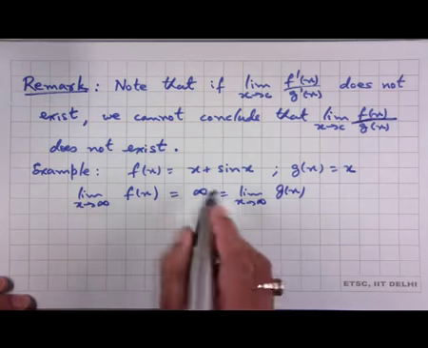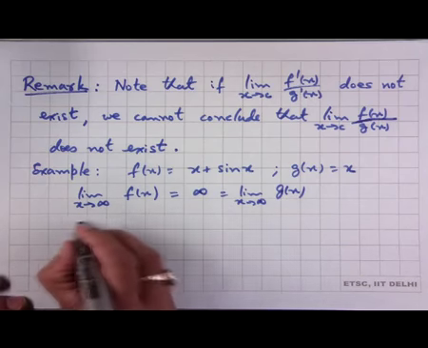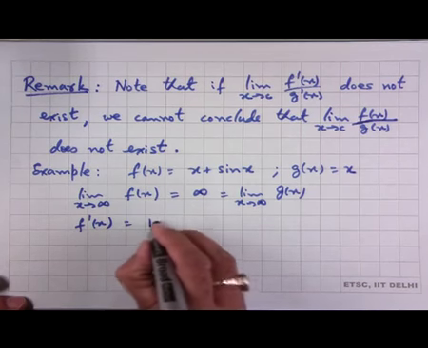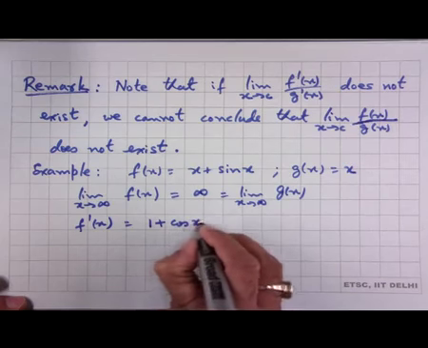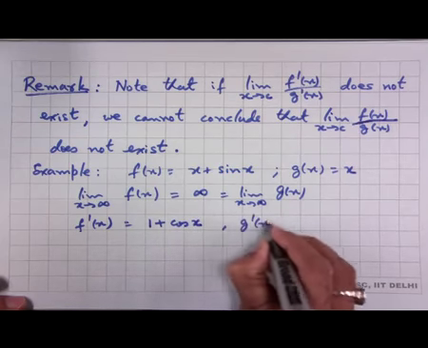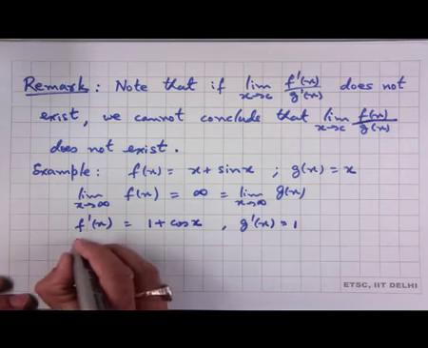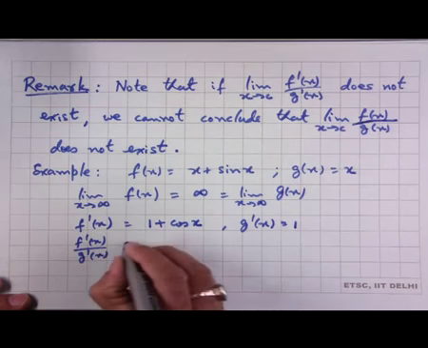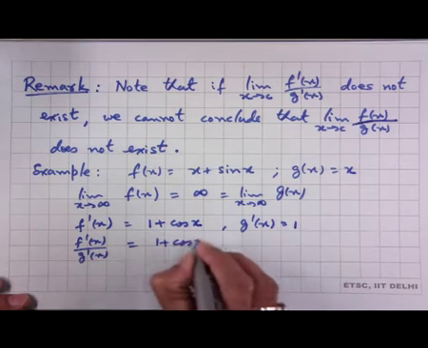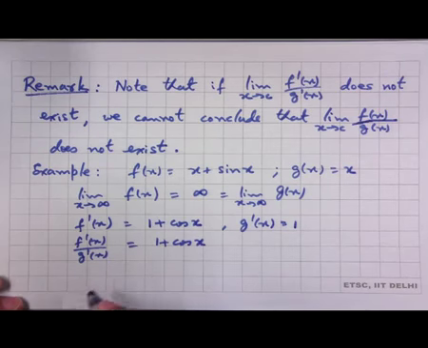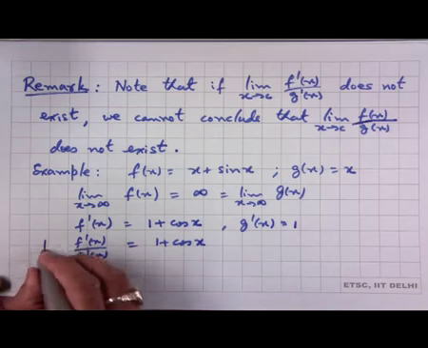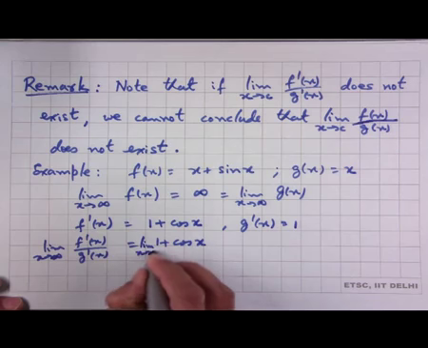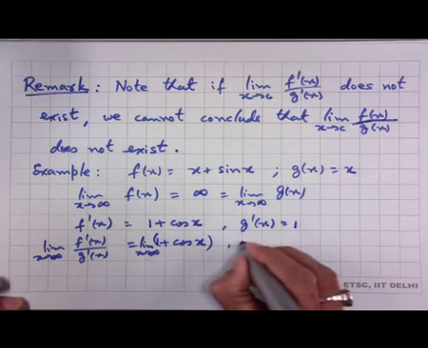Now, what about f prime x? If we look at f prime x, this is equal to 1 plus cos x, g prime x is equal to 1. So, f prime x by g prime x is equal to 1 plus cos x, so the limit as x going to infinity of this is limit x going to infinity of 1 plus cos x, which does not exist.